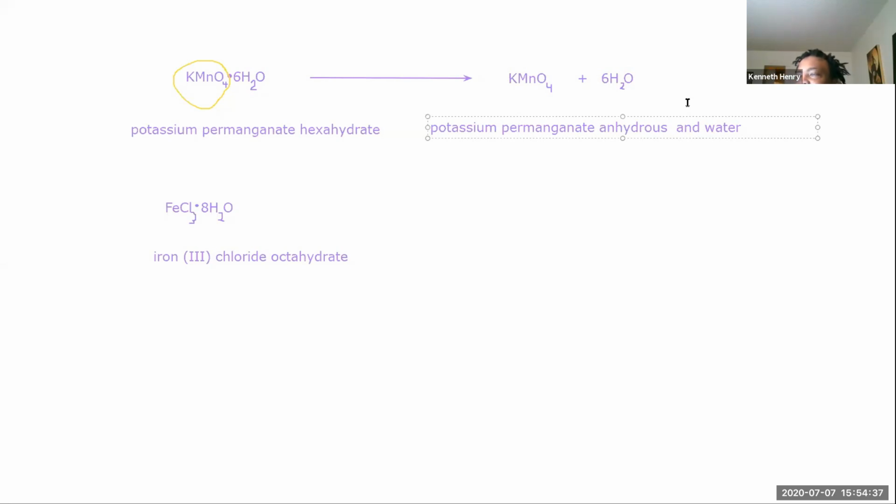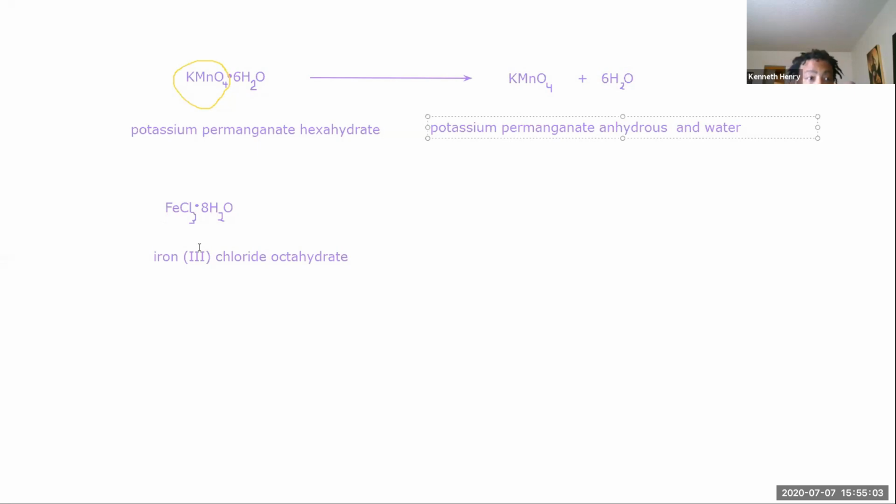Okay, so that big dot means that they're together, right? They're a couple, right? And so that basically means that you have water literally surrounding that compound. So the top one has 6 water surrounding it. The bottom one has 8 water surrounding it.